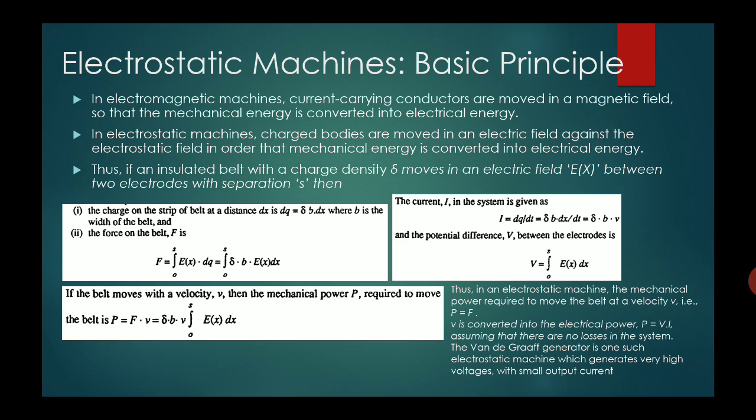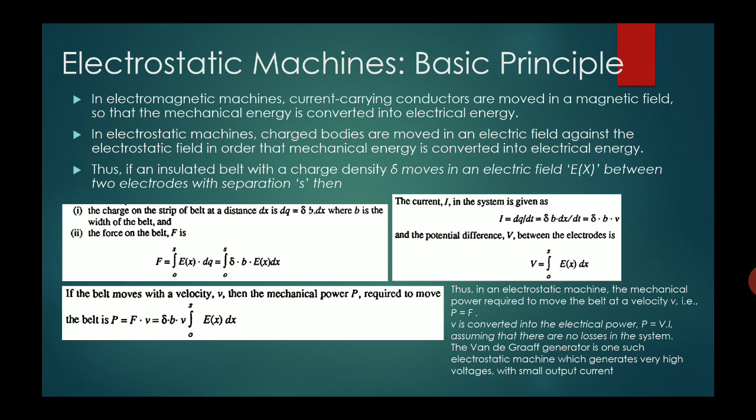Here in the electrostatic machines, we forcefully pass charged bodies in the electric field and against the electric field. How are we passing? By some mechanical action. When this is passed, that mechanical energy is converted to electrical energy.